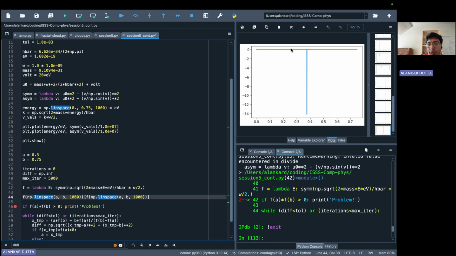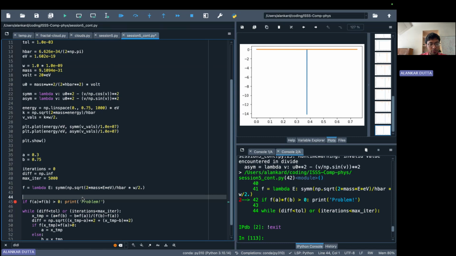You know the positive one, we want to find out the negative one, so we find out the minimum value, the function value that the function is minimum, right?